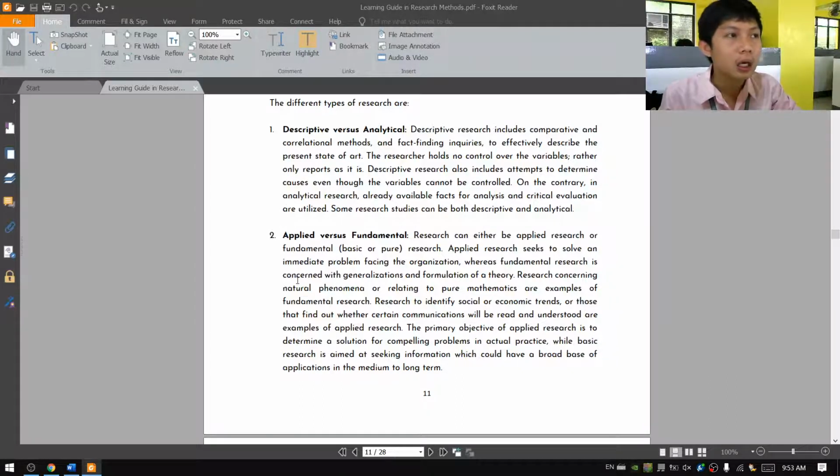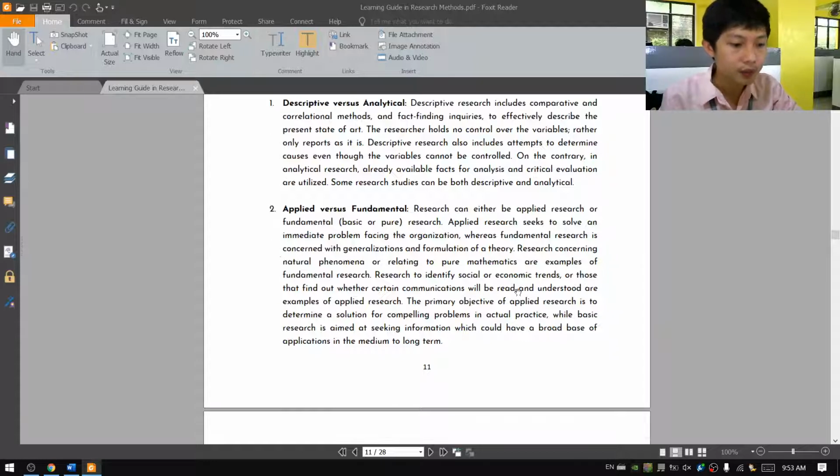So it's like what ifs, more on crafting the hypothesis. This is more like pure research itself, fundamental. The primary objective of applied research is to determine a solution for a compelling problem in actual practice.